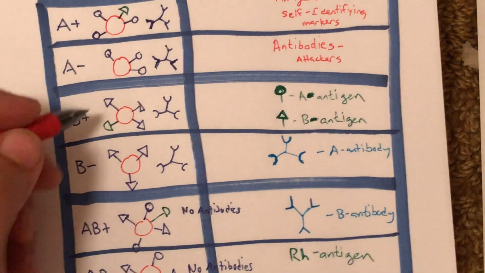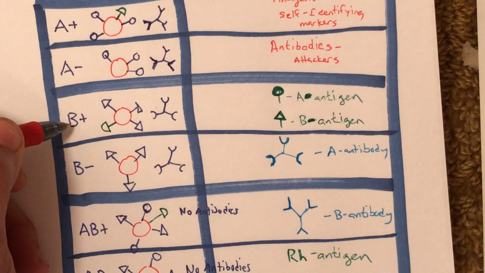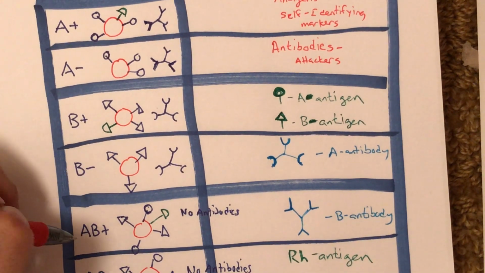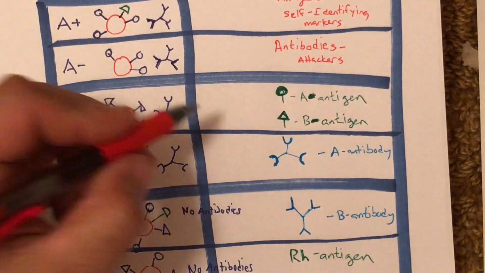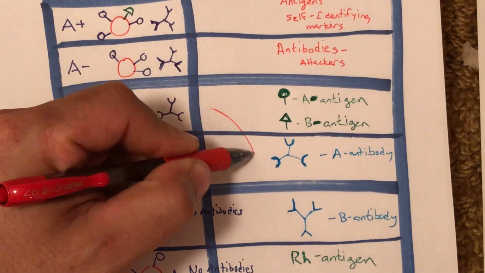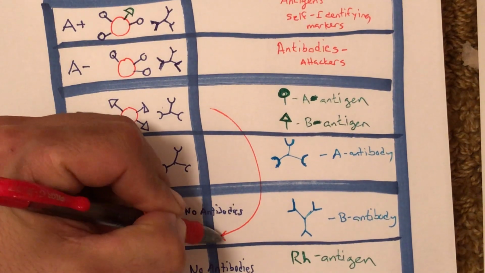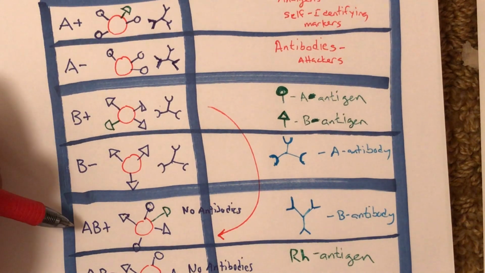Let's say someone with B positive blood is to donate their blood to someone with AB blood. The question is, can that work or can that not work? So let's put an arrow first just so we can keep track of what we're talking about. And this arrow will show that we're going to give the B positive blood to AB positive blood. Can this work, yes or no?